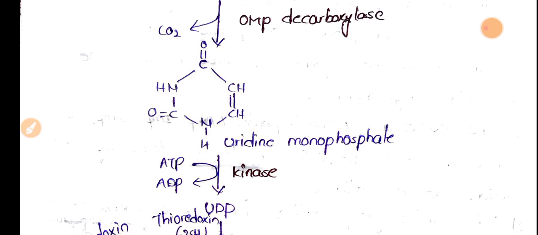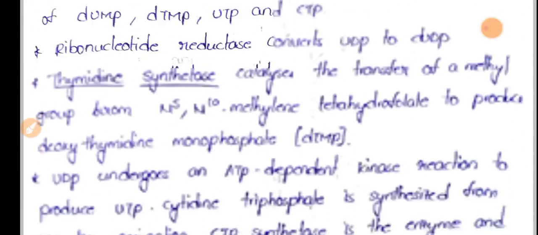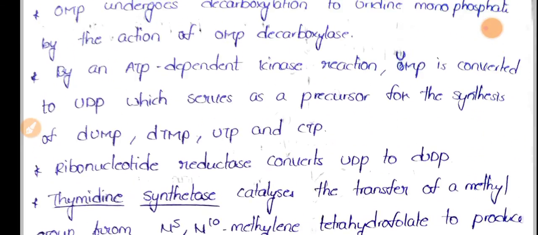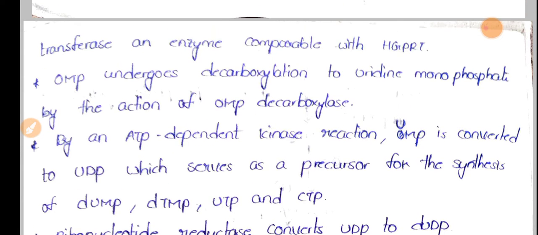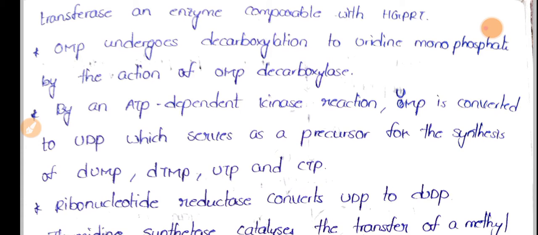This is converted into uridine monophosphate by the enzyme orotidine monophosphate decarboxylase, which leads to the formation of this compound, uridine monophosphate.